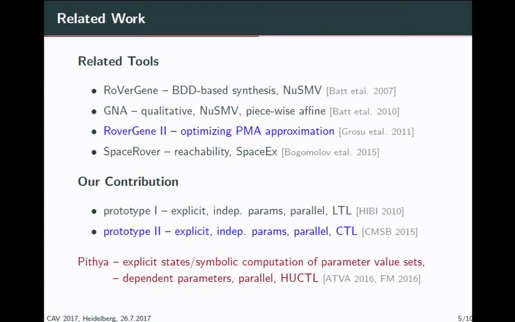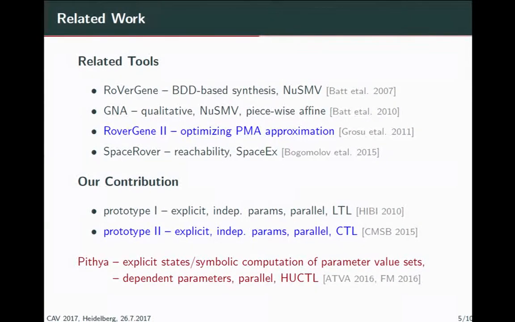The related tools: this kind of workflow was implemented in several other tools, actually. And we have taken from one of these tools, called Origin, just this idea of automatized approximation of the continuous system to the piecewise multi-affine system. And our contribution to this field also has some history.